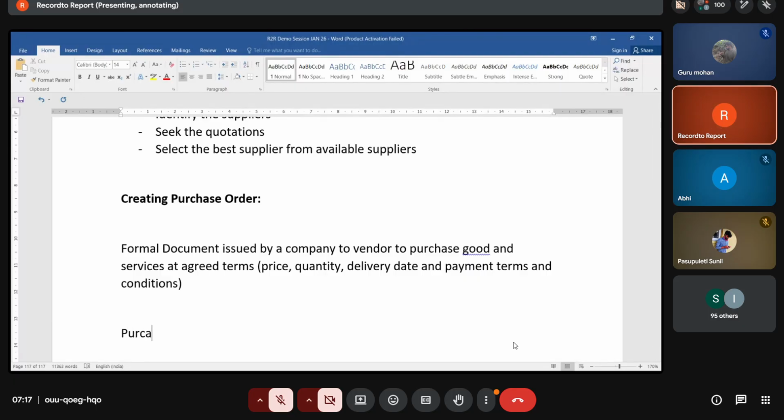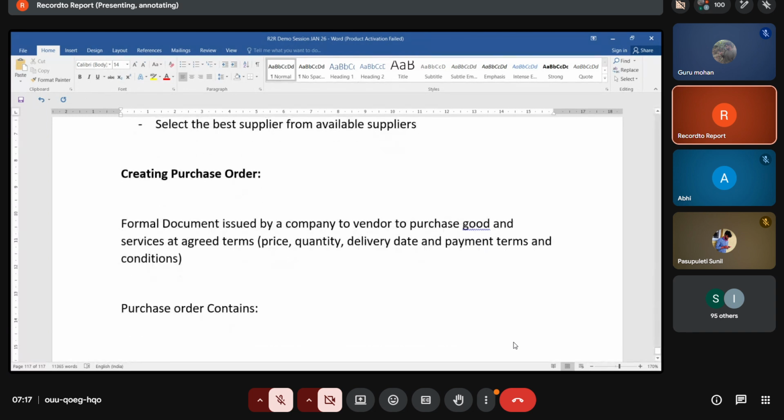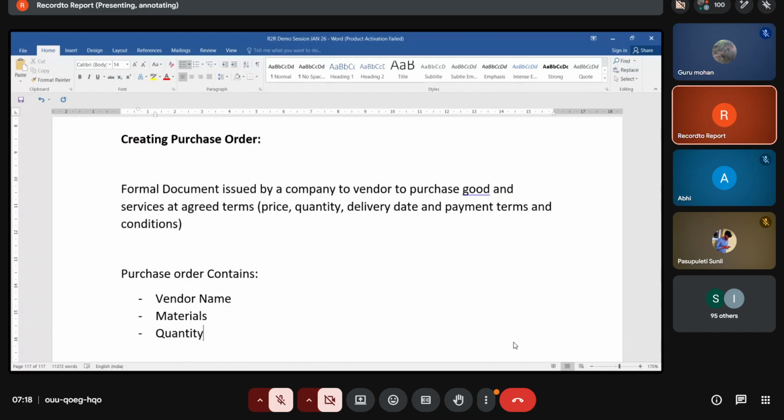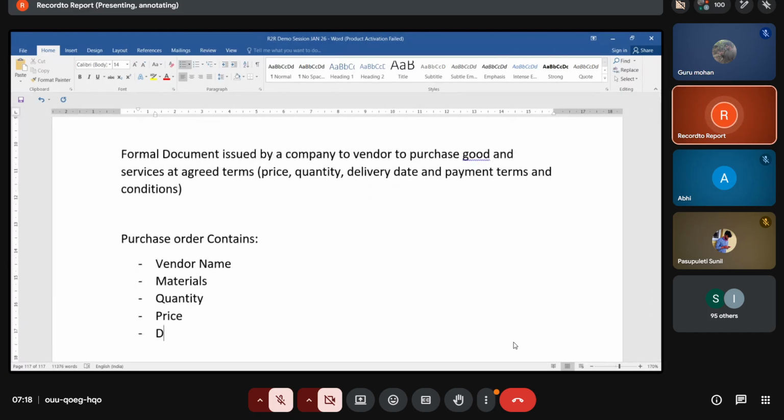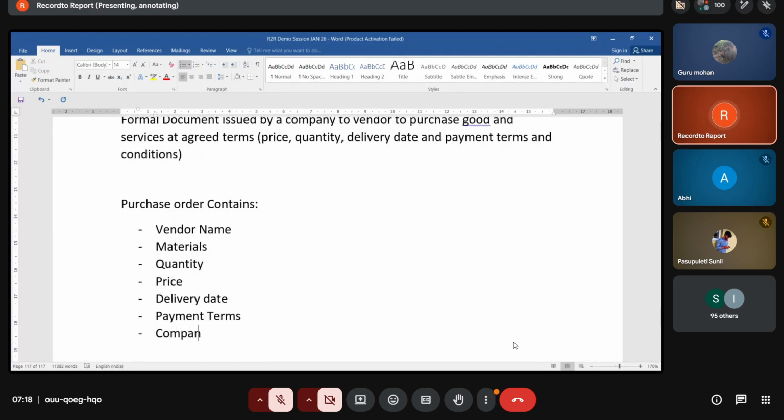So purchase order contains who is the supplier, vendor name, materials and quantity, price, delivery date, payment terms, company code, cost center, etc., guys.